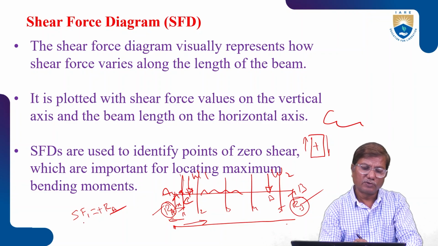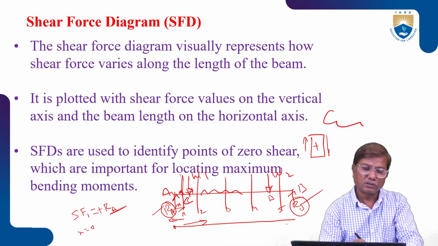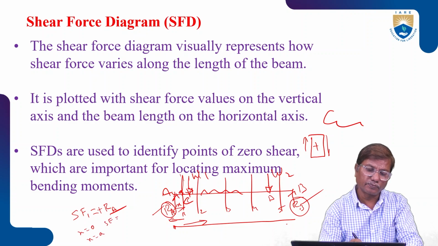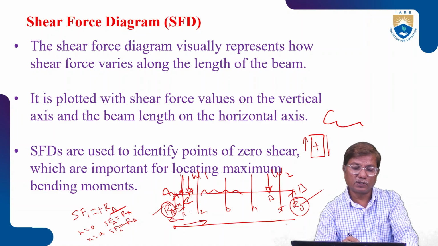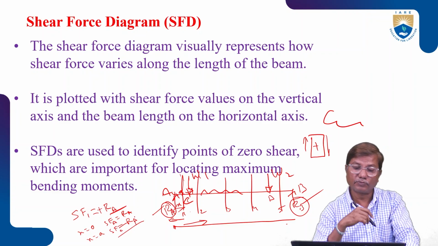So when x is 0 or x is equal to a, shear force will be the same, that is RA, because it is independent of distance. So at x equal to 0, shear force at A equals RA. At x equal to a, shear force at C is also RA.